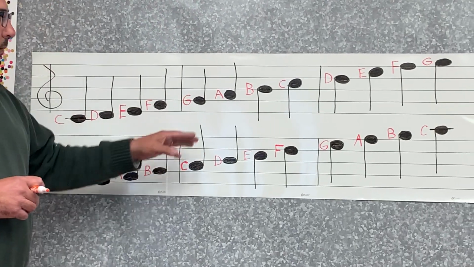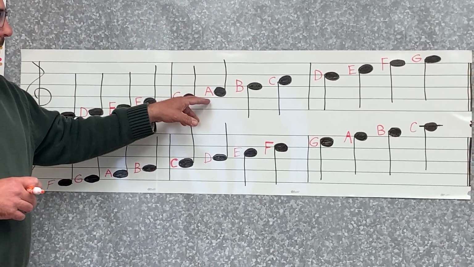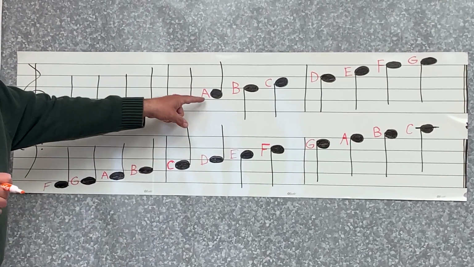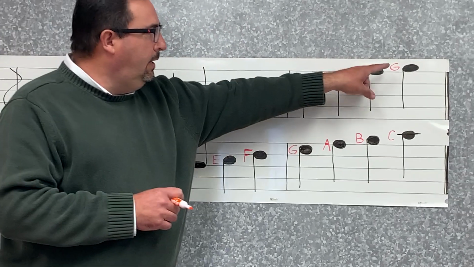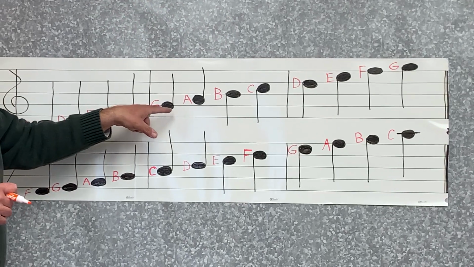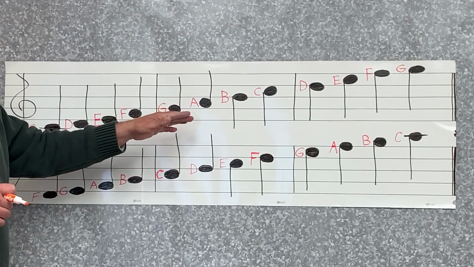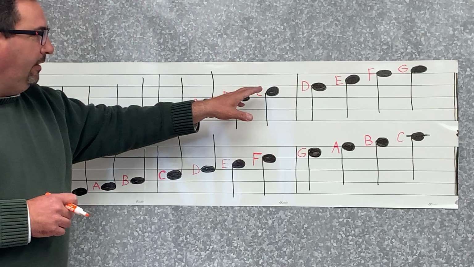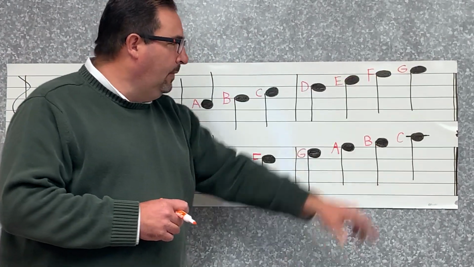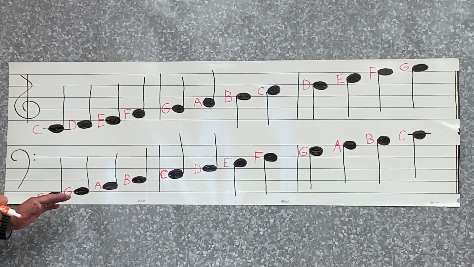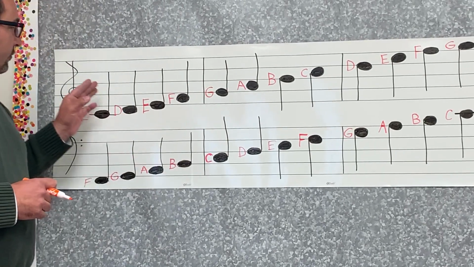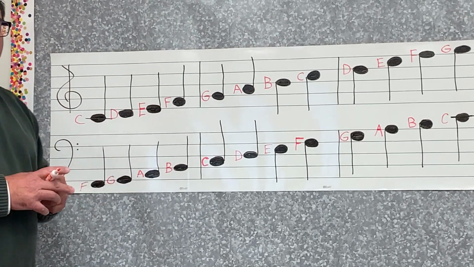And we notice right away that unlike the regular alphabet that goes from A to Z, the musical alphabet goes from A to G. And once we reach G, then we move back to A. So it's much shorter, only A, B, C, D, E, F, G. And we have the same alphabet in the bass clef, except the lines and spaces have different notes in the treble clef and the bass clef, okay?